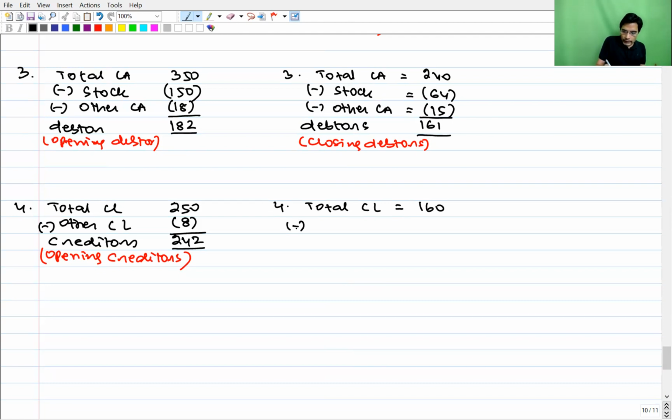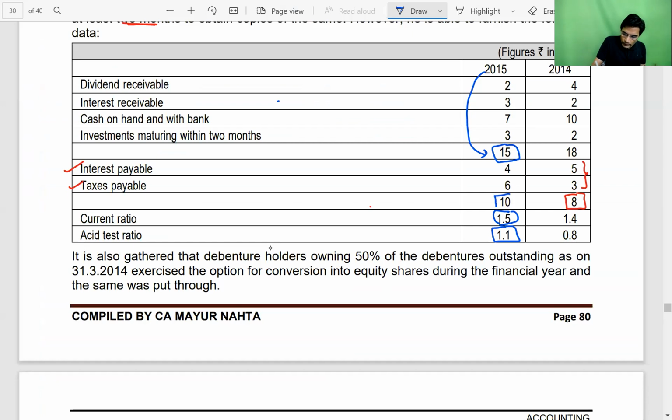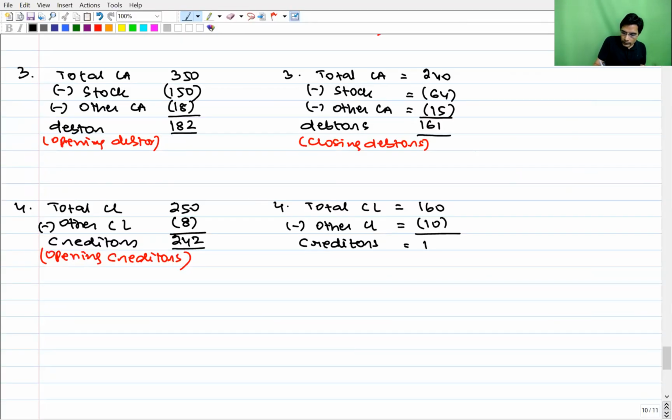From total current liability, if we minus all the other current liability except creditors, we will get to know the figure of creditors outstanding at year end. And other current liability total is 10. So 150 will be closing creditor.